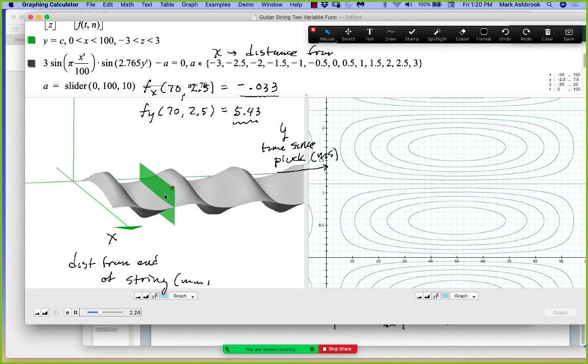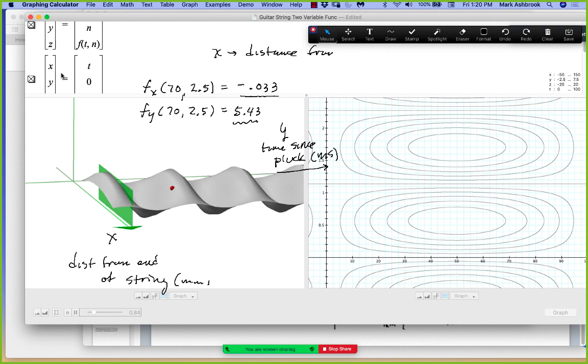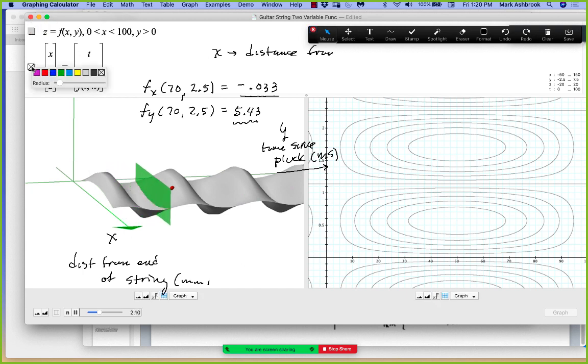Does anyone see what you're looking at there? If you made that into a whole bunch of lines parallel to the y-axis, then you would have each point on the string and its position, basically. So what is that blue intersection?